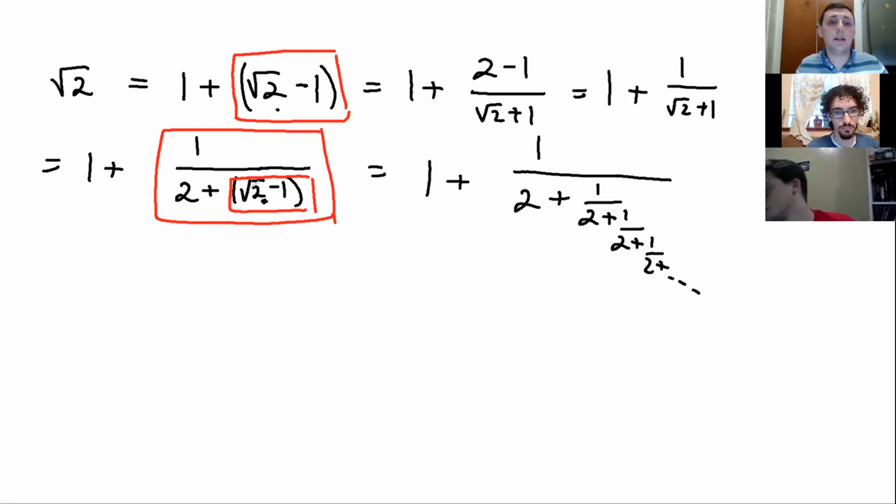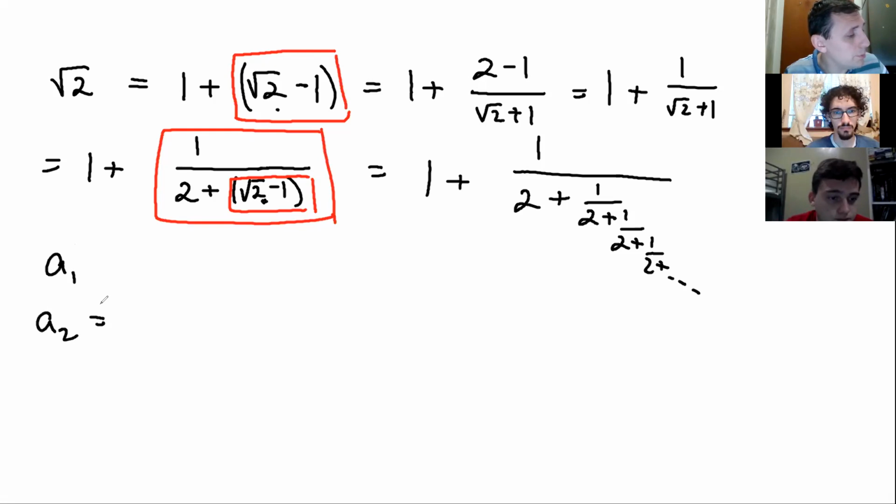This means that if I have an initial estimate of the number, I can call this initial estimate A1. Then A2 will be 1 over 2 plus A1.